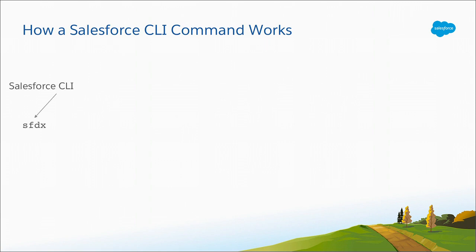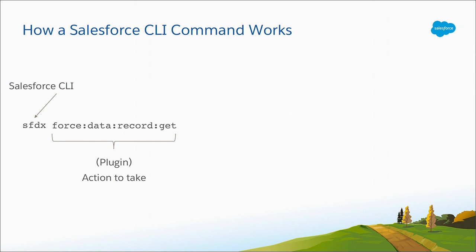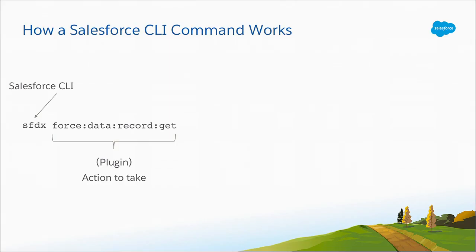First of all, there's the universal binary that is the Salesforce command line, and that's just SFDX. After that, there'll be an action that you're going to take. This is actually invoking a plugin, because underneath this there is a command line framework that we're using called Oclif. So this is the core plugin that interfaces with the Salesforce core functionality.